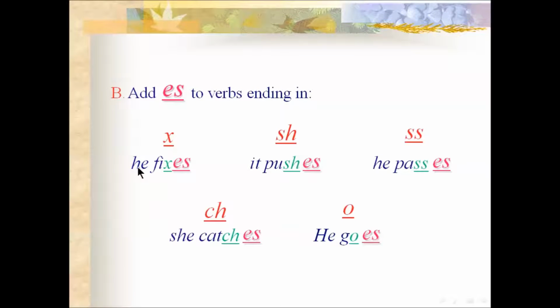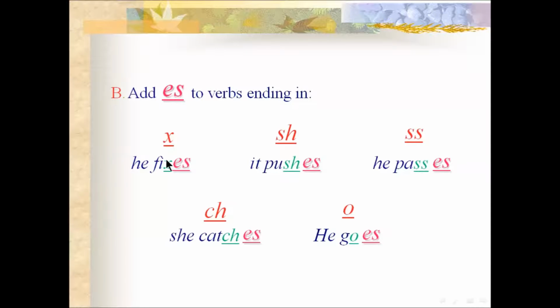For example, he fixes. Fixes, you don't need only an s, but es. Why do we need an es? This is the rule of English. When any main verb is used with a third person singular subject, the verb needs es at the end.